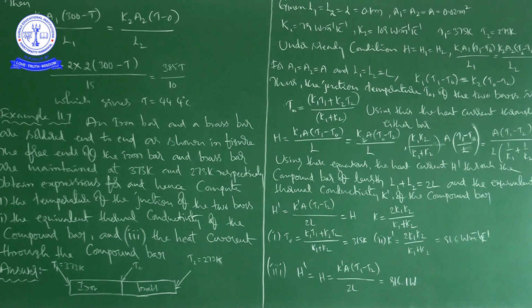Using this equation, T0 is equal to (K1 T1 plus K2 T2) divided by (K1 plus K2), the heat current H through either of the bars is H is equal to K1 A into (T1 minus T0) divided by L, that is equal to K2 A into (T0 minus T2) by L. In place of T0, we are going to substitute this value.